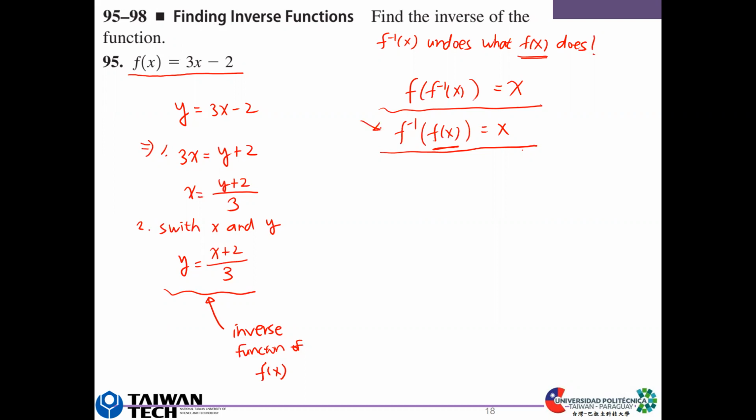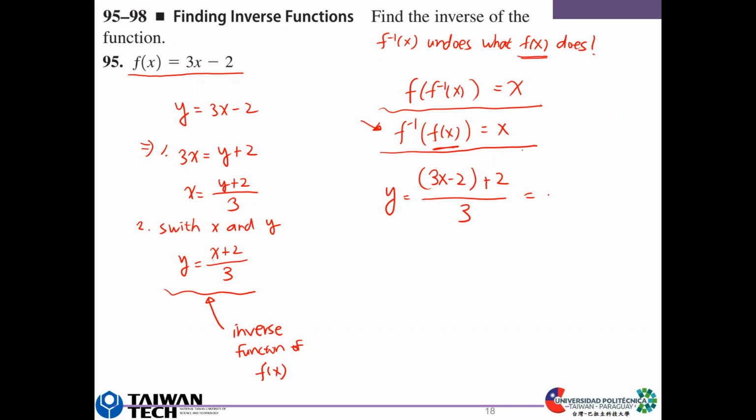So let's double check. We have f of x, and we put it into f inverse. So f inverse is y equals x plus 2 over 3, and we replace x in the inverse function with 3x minus 2. And apparently, wait, this is what? Oh, this is plus 2.